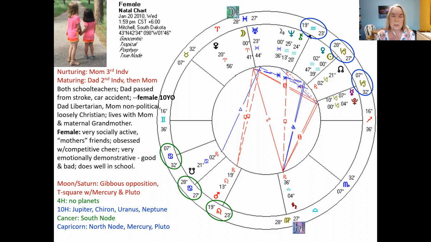But then it passed along to mom because when our female was 10 years old, her father had a stroke and was gone. It was from a car accident 5 years prior in which he was T-boned, and the carotid artery in the neck built up, and it turned out to be undiagnosed.